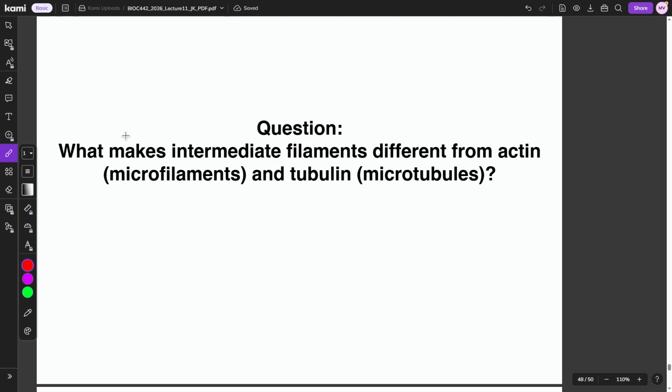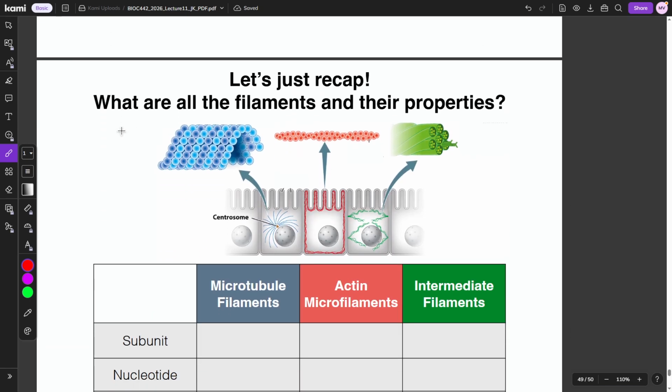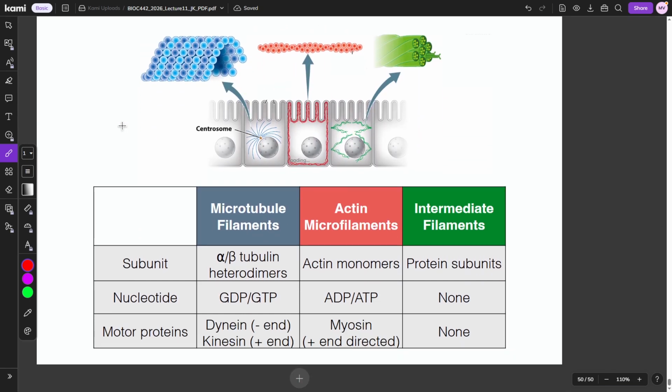There's a whole bunch of different things you could talk about there. And so here is a nice little final diagram of what we have talked about for the three different types of cytoskeletal proteins.